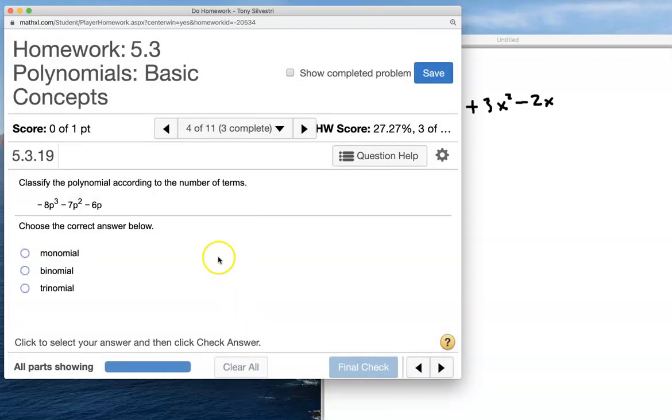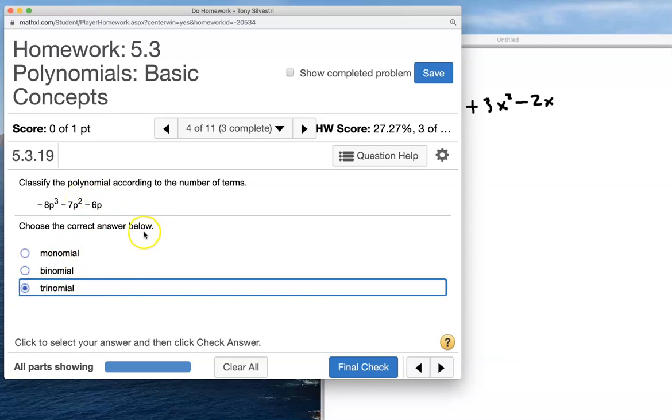Classify the polynomial by the number of terms. Well, each term has to be separated with pluses and minus signs. So here's a term right here, always with the sign, minus another term, that's a second term, minus another term. So I would say there's 3 terms there. The pluses and minus signs separate the terms.